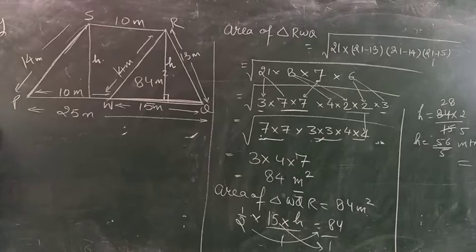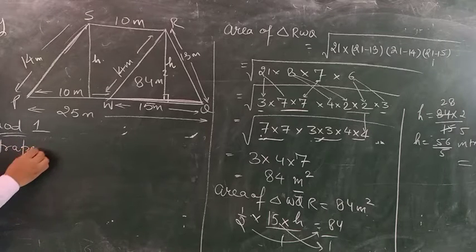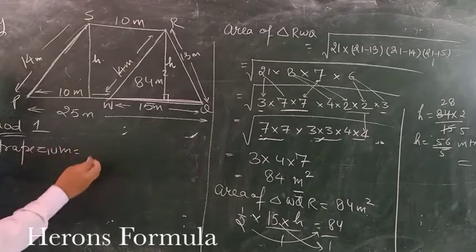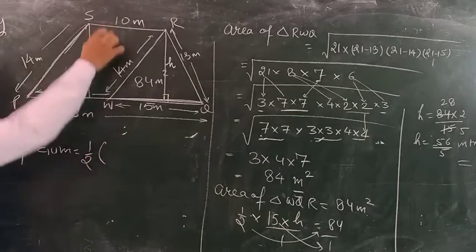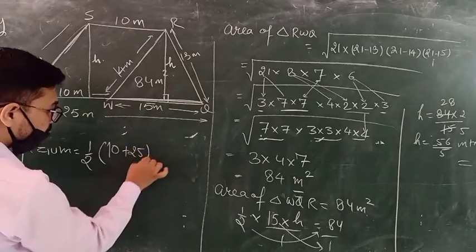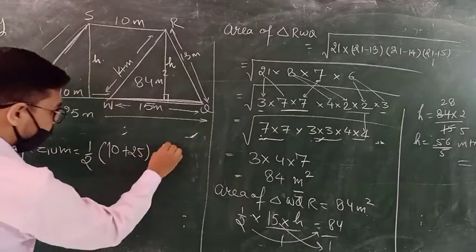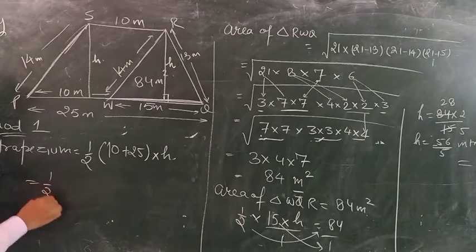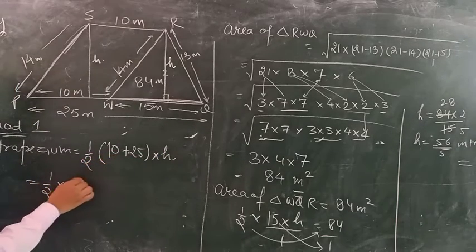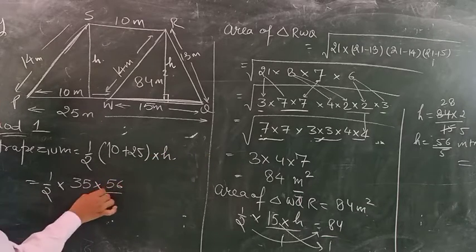So method 1, calculate area of trapezium. Area of trapezium, the direct formula is half sum of parallel sides, that is 10 plus 25, multiplied by the perpendicular distance between these two parallel sides, that is h. So 1 upon 2, 10 plus 25 will give you 35, into h. h is 56 divided by 5.